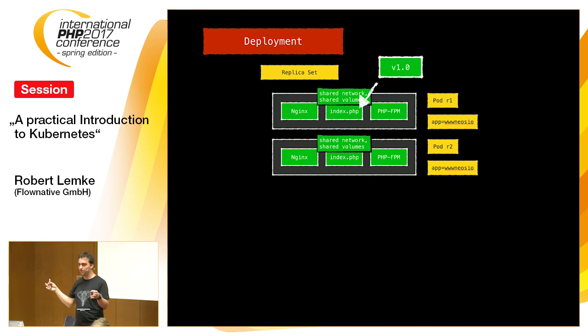So when one machine dies, then the mechanism called Replica Set or Replication Controller will always compare the amount of running pods against the amount of desired pods, and it will fix it. If there are too many, it will kill some. If there are too few, it will start some.